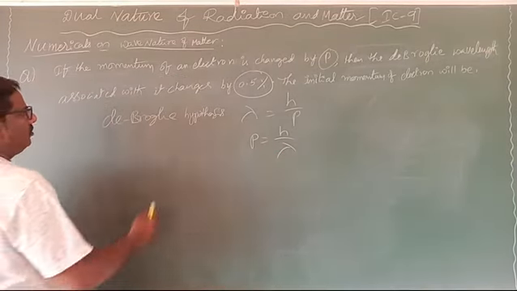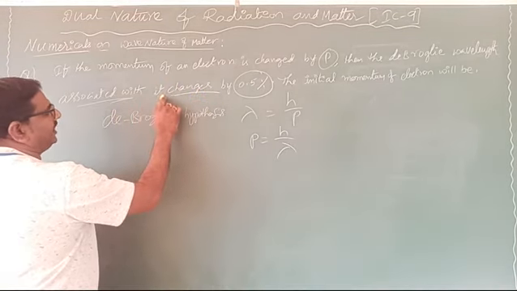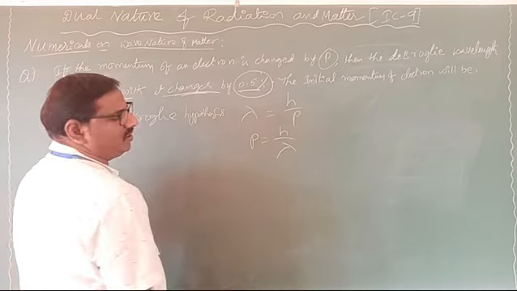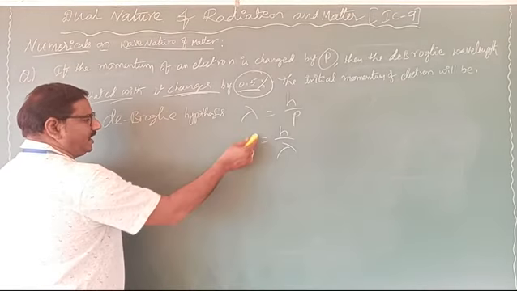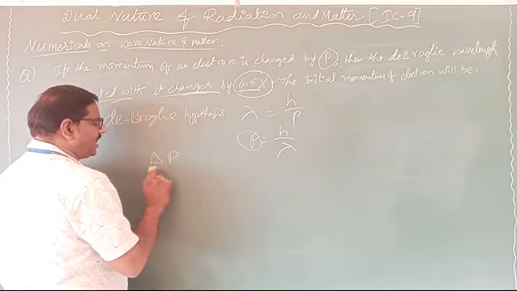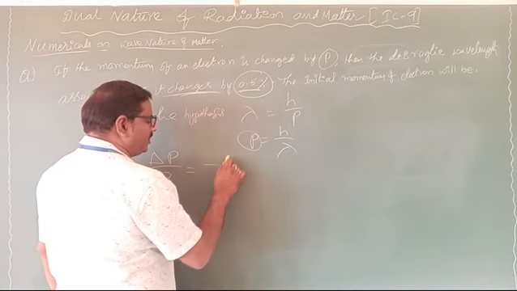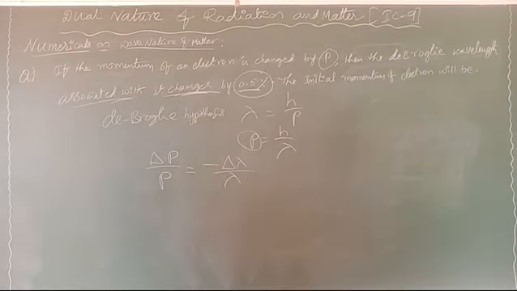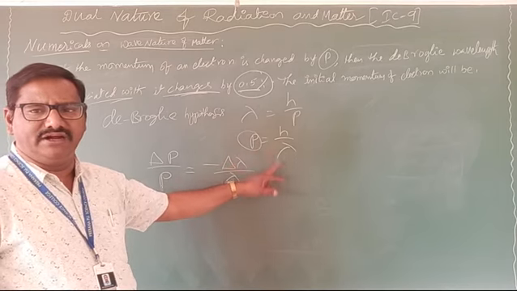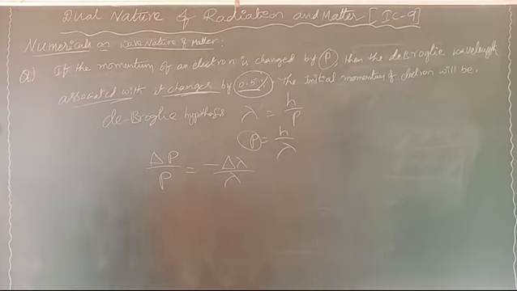Now the de Broglie wavelength associated with it changes by 0.5%, so I want to write the change in lambda. Taking this, delta p by p equals minus delta lambda by lambda. We put the minus because lambda is in the denominator; if it is taken upside, it becomes minus.